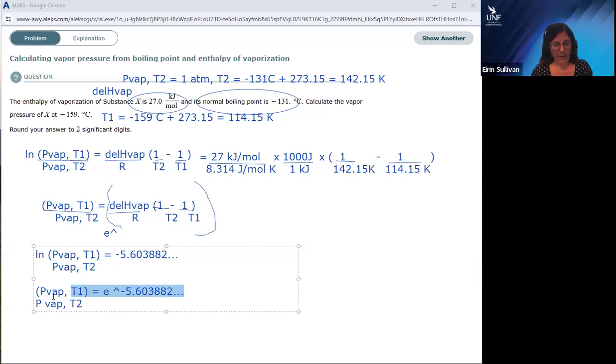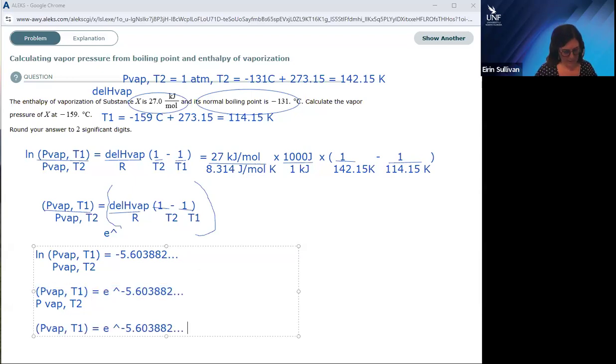So we're going to end up with pvap of T1 equals e to the power of blah, blah, blah times 1 atmosphere, okay? So our units are going to come out to be atmospheres, and I make that to be 0.003683 blah, blah, blah units of atmospheres.